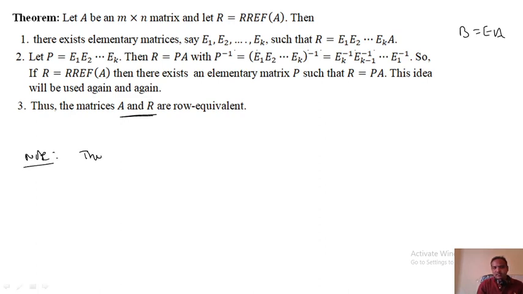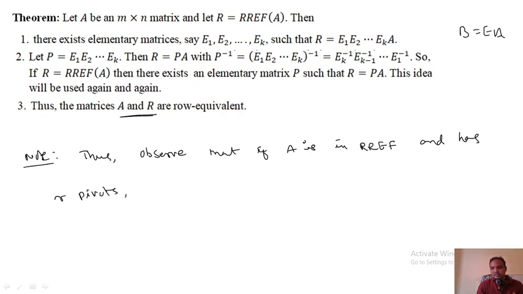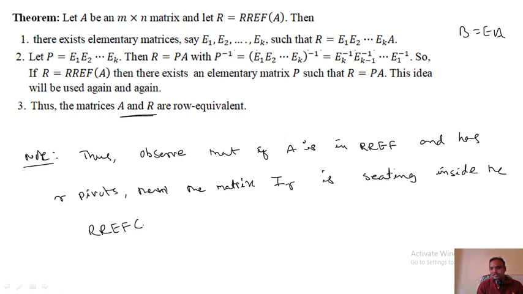See, what we did is observe that if A is in row reduced echelon form and has r pivots, then the matrix Ir is sitting inside the row reduced echelon form as a submatrix.